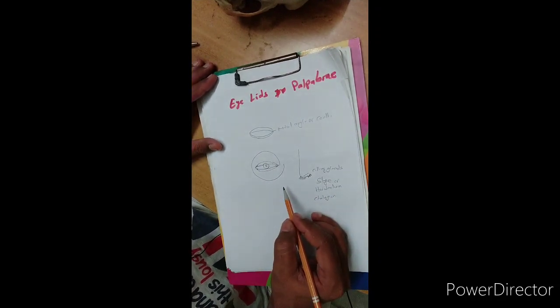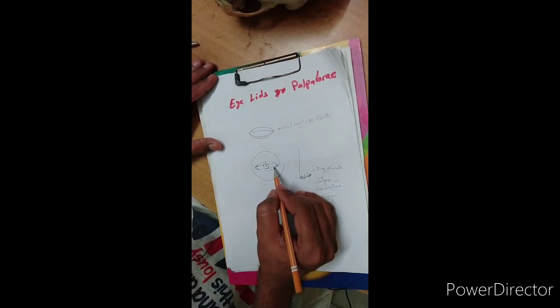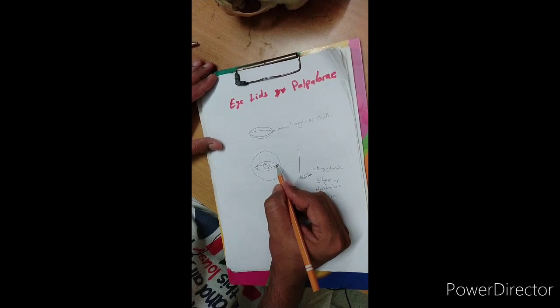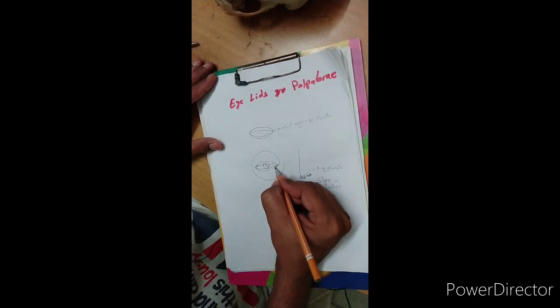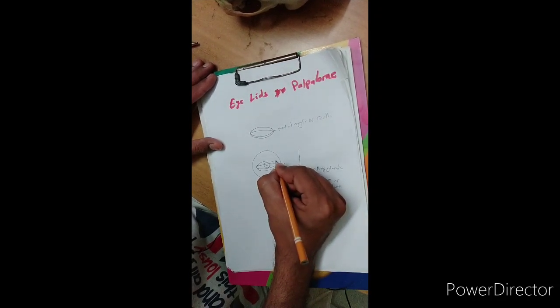Now, what happens in the medial 1/6? The medial 1/6 has a rounded border, not a sharp border, and this medial 1/6 part is traversed by the canaliculi here, like this.